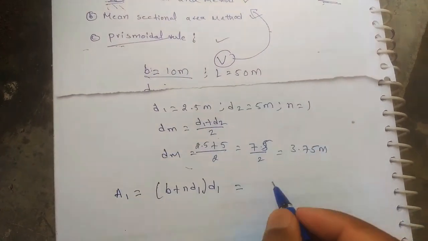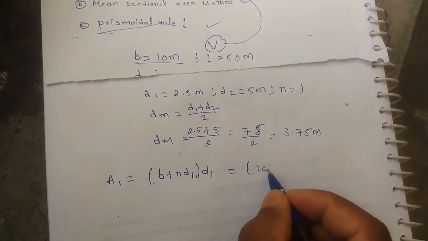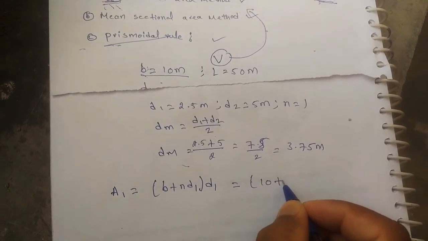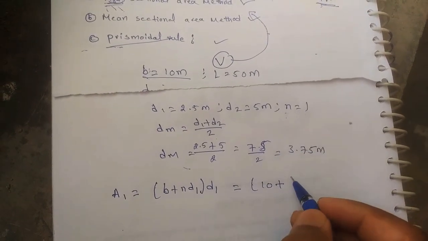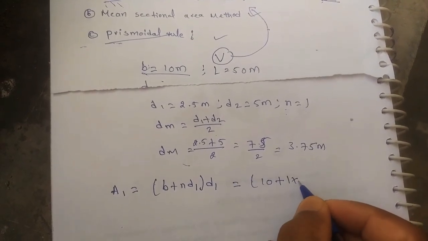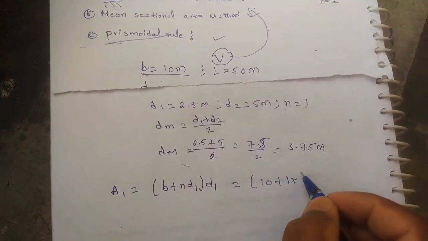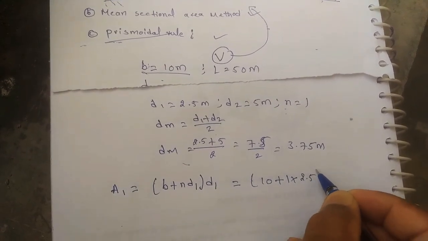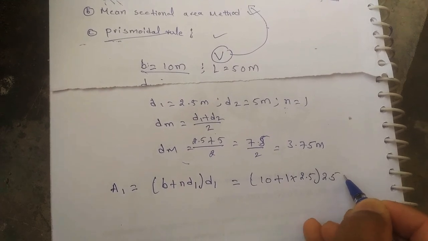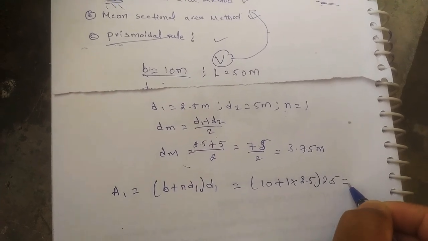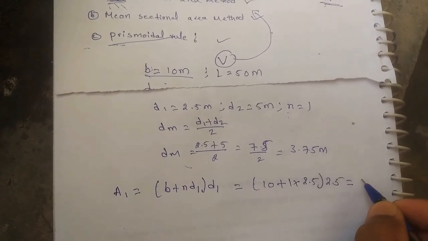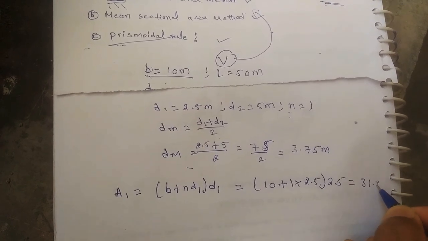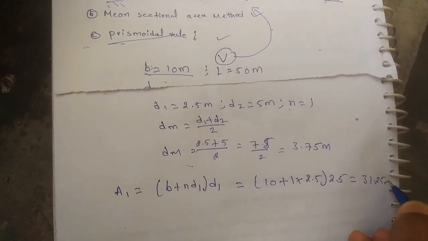The bed of the canal is 10 meter. 10 meter plus, what is the n value, the slope value? 1:1 means 1, into D1, 2.5, into 2.5. Calculate it and you will get the area as 31.25 meter square.